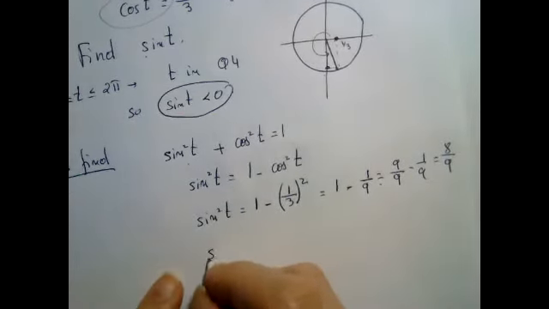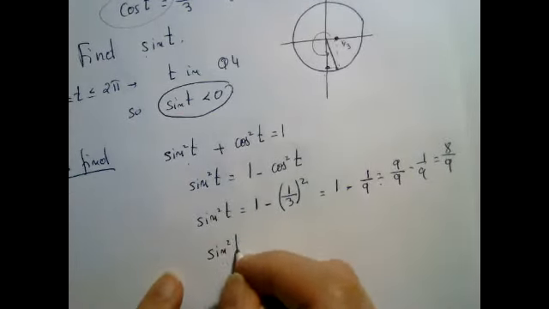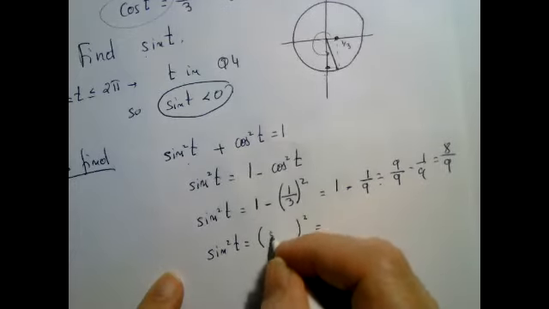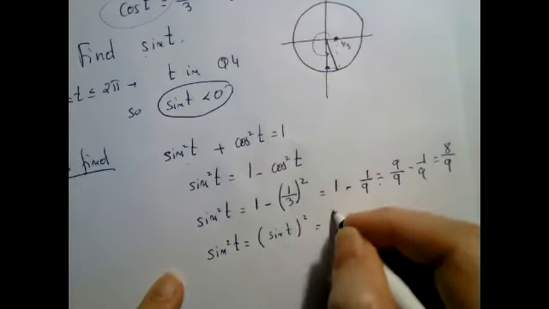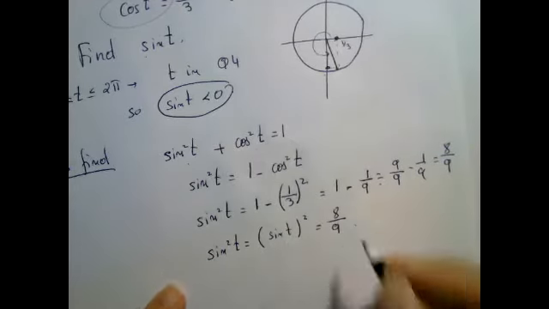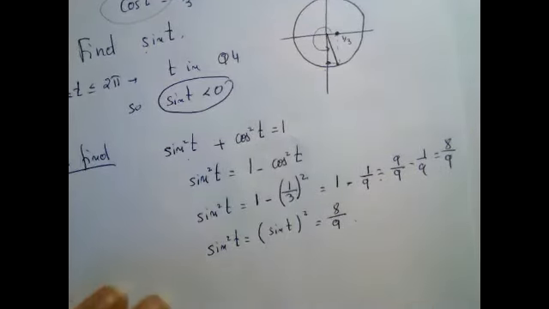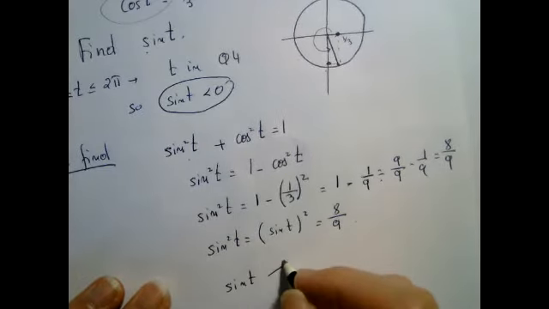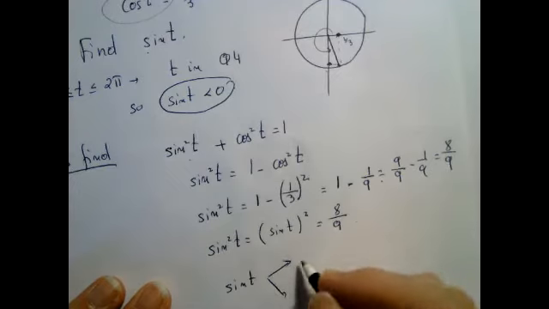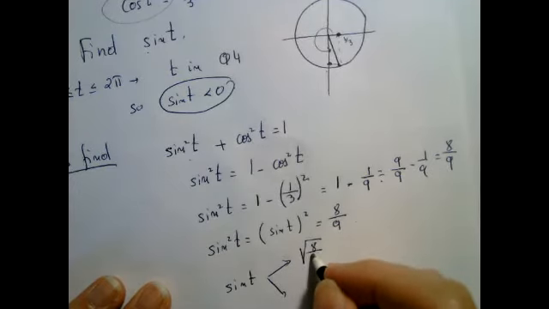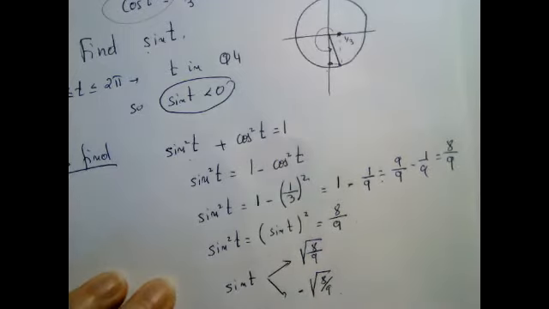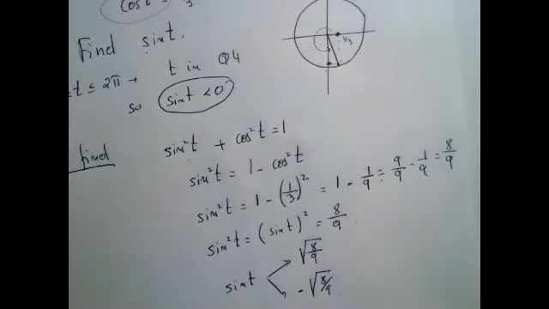So now I have sine squared of t is 8 over 9. So the sine could be two values, either the positive square root or the negative square root. So there are two possibilities for the sine.